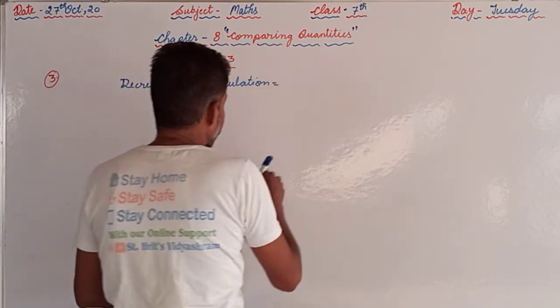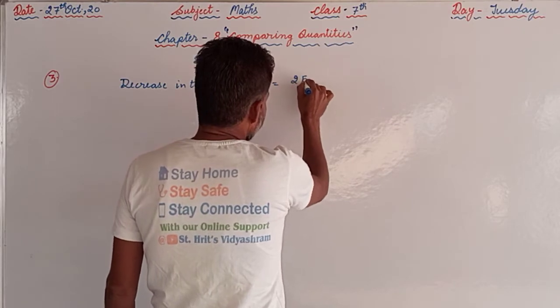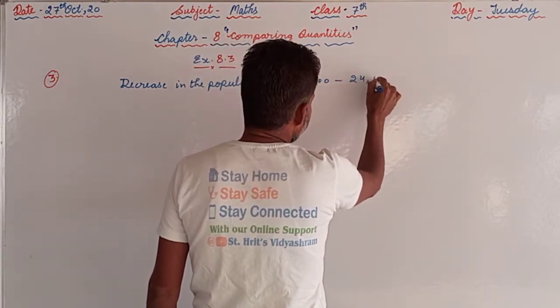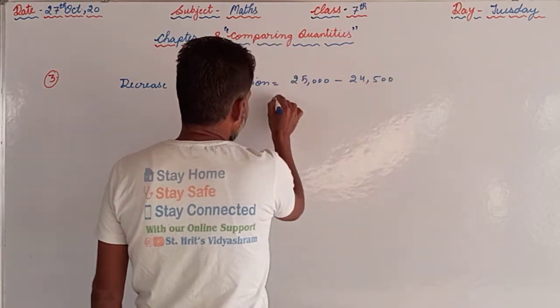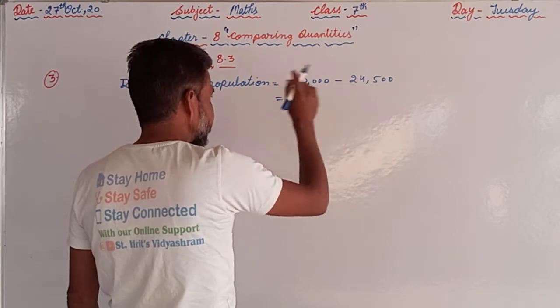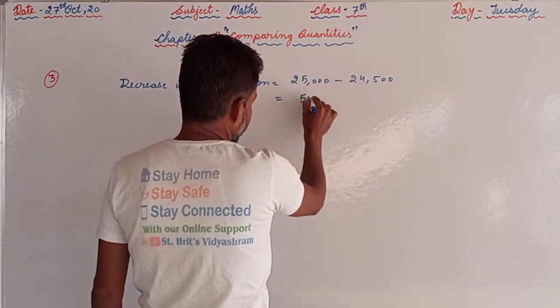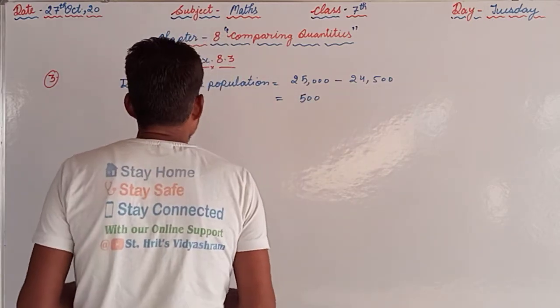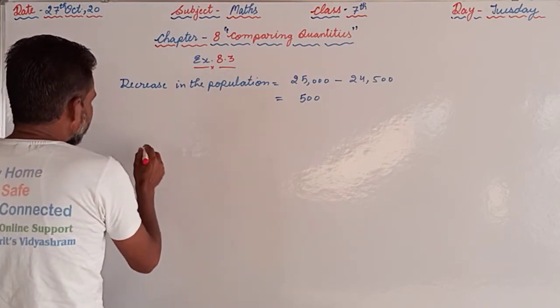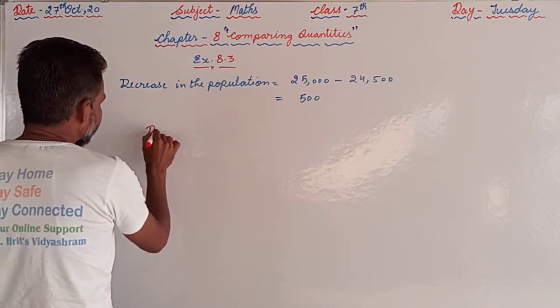Initially the population was 25,000 and it became 24,500. So if we subtract 24,500 from 25,000, we will get 500. So 500 is the decrease in the population, but we are supposed to find the decrease percent.